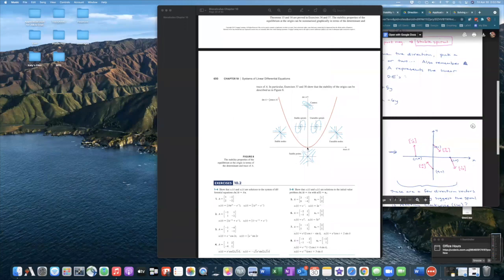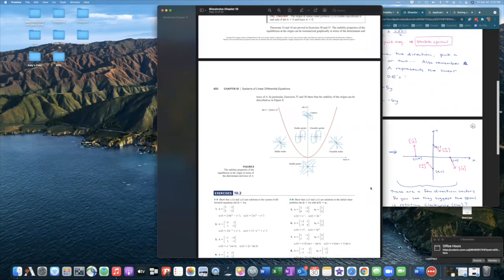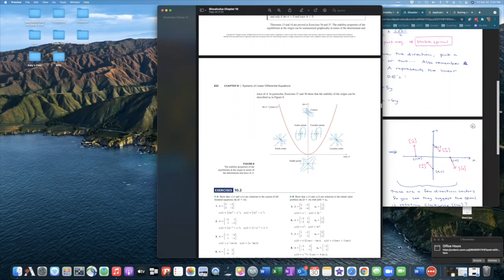You can see here, if your determinant's negative, you have to have a saddle. If your determinant's positive, then if your trace is positive, you're either an unstable node or an unstable spiral. If your trace is negative, you're either a stable node or a stable spiral. And if your trace is 0 and your determinant's positive, you're going to be a center or a neutral spiral.